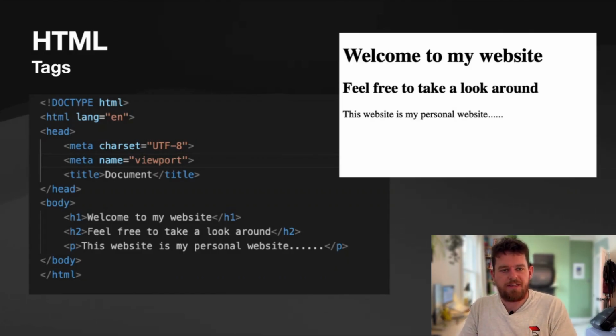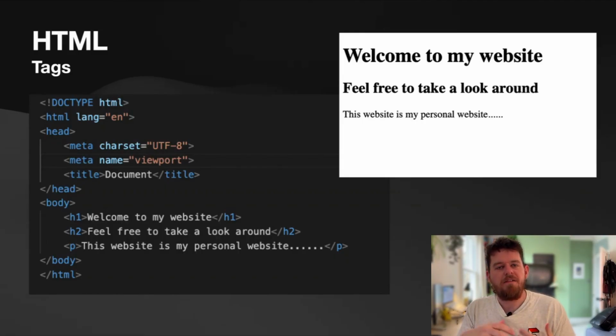Now, just looking at this HTML that's written on the left here, let's go through this line by line. You'll see at the top, we've got this doctype HTML. And all this does is it tells the browser that we're using the latest version of HTML, HTML version 5. We also have opening tags there with HTML.